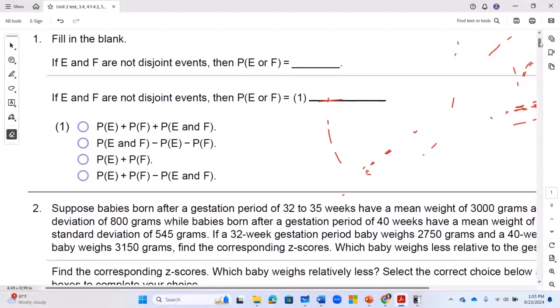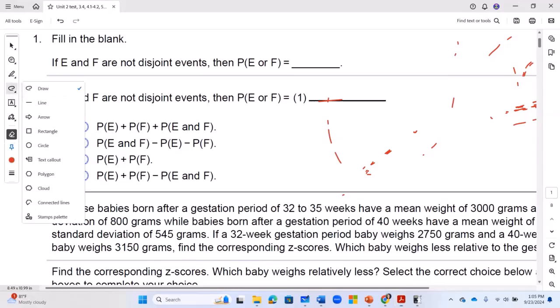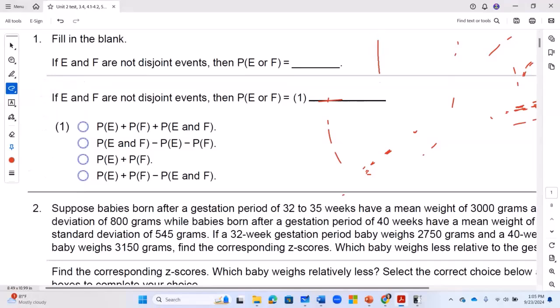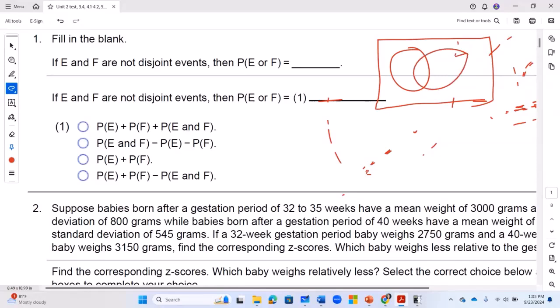It's always good to explain the probability with a diagram. If you can, draw a Venn diagram. A picture tells 1,000 words. So I'll call this one E, and I'll call this one F, and the diagram shows the point of intersection.